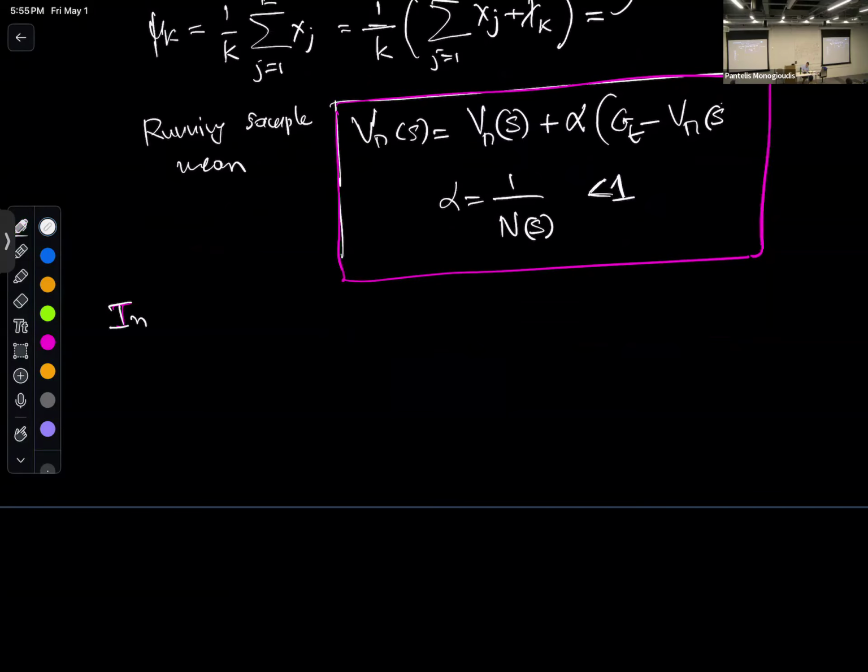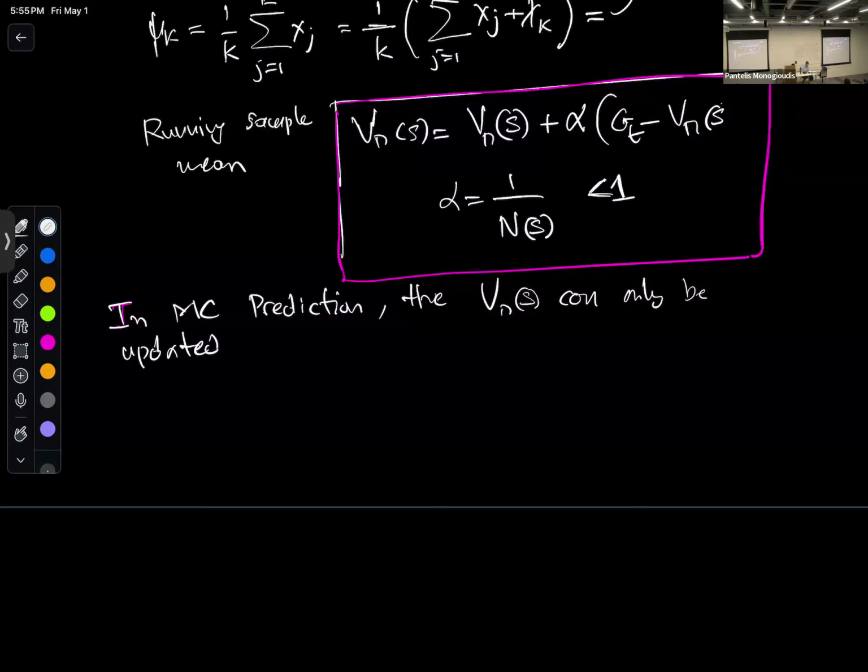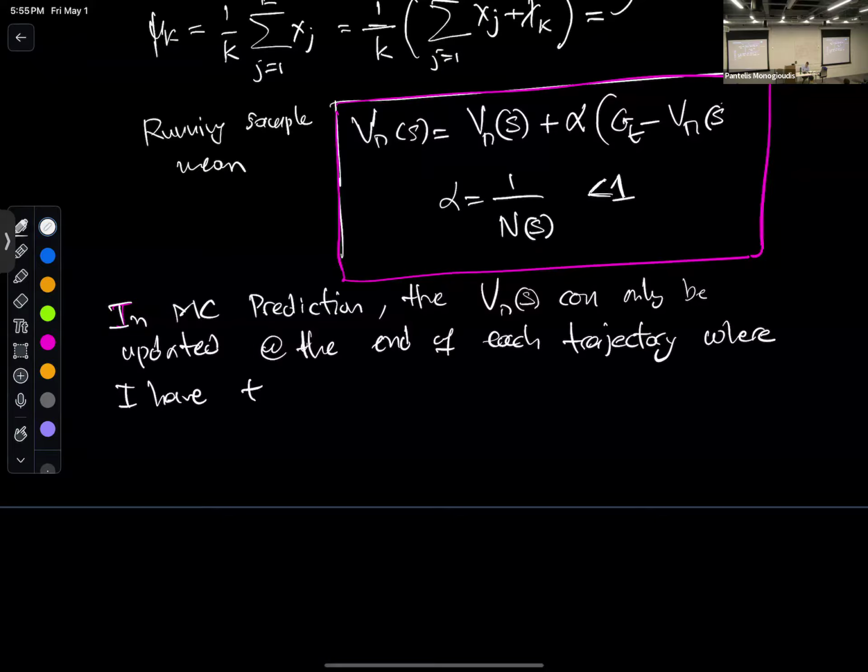In Monte Carlo prediction, the capital V pi of S can only be updated at the end of each trajectory where we have the G_t.